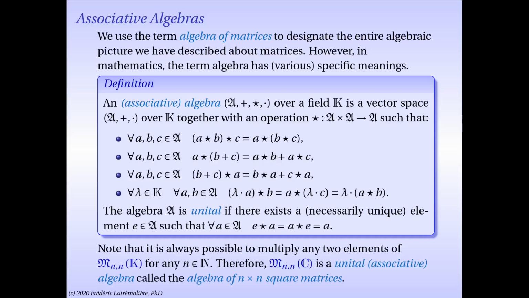The point of this digression into terminology is that the space of n by n matrices, that is the space of square matrices of size n, is a unital associative algebra. It contains an identity matrix, and we can always multiply together two n by n matrices. Thus, as we have seen, the multiplication of matrices restricted to the space of n by n square matrices will be associative and distributive on both the left and the right.